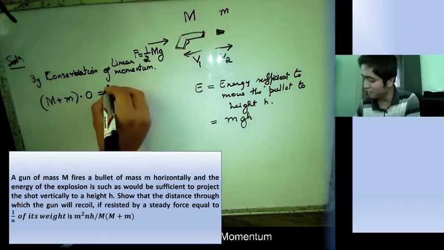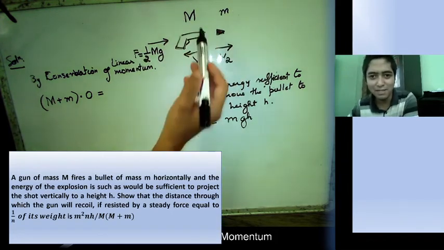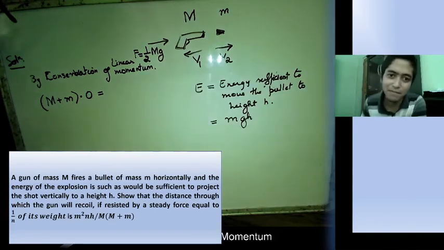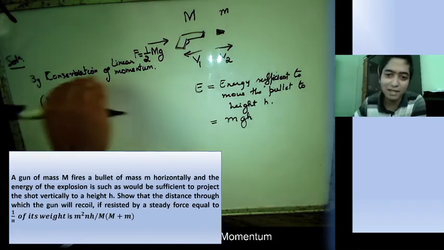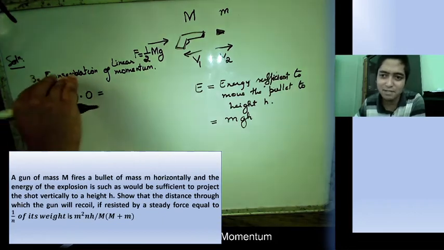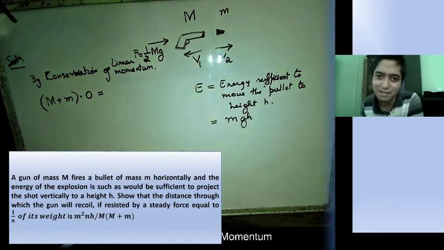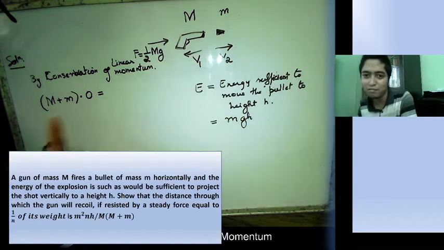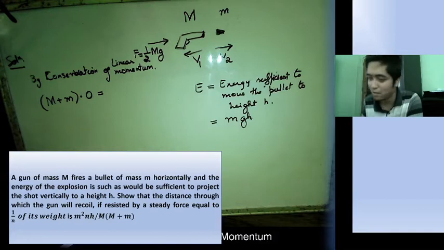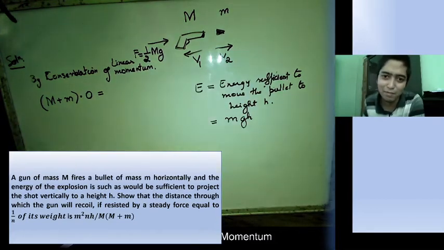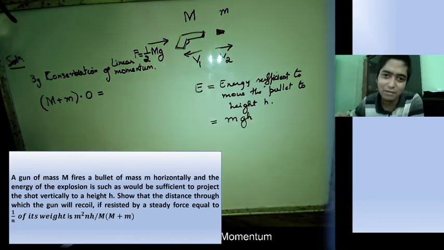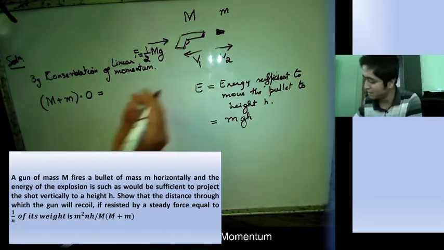Now M and m are traveling with different velocities, in different directions. In any dynamics problem, you must first resolve all the velocities in the same direction. Resolving this one to that direction will become minus v1, or you can resolve it the other way. You can resolve it in any direction as long as all of them are in the same direction.